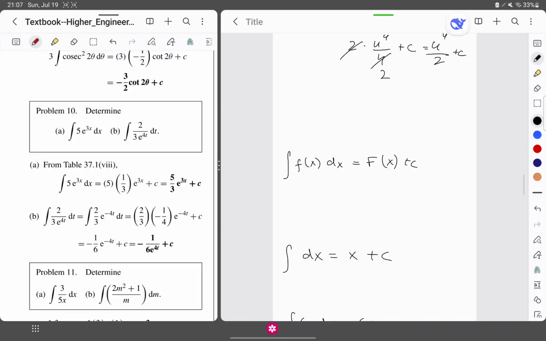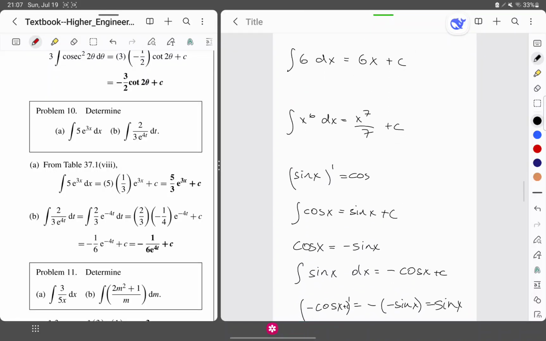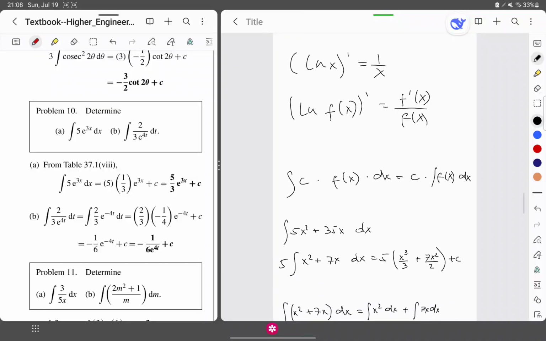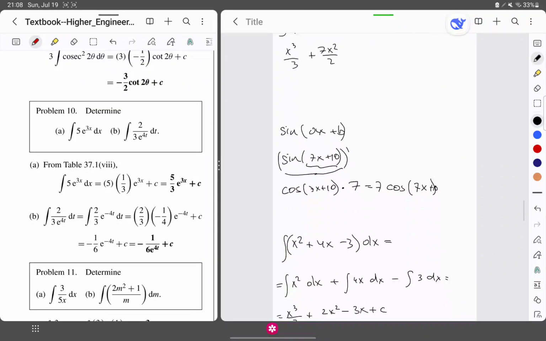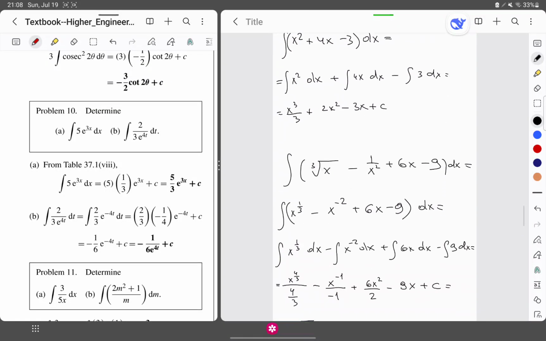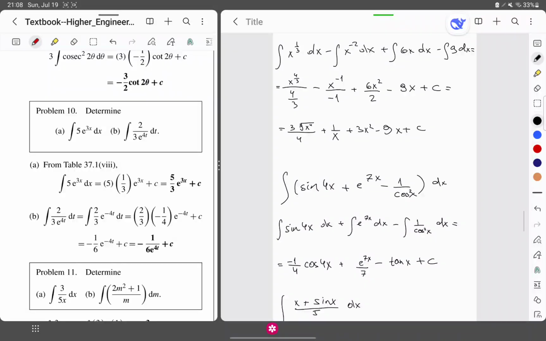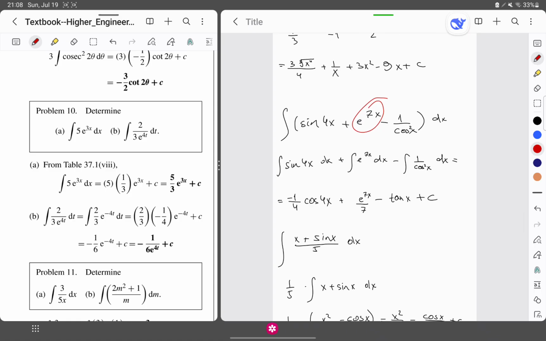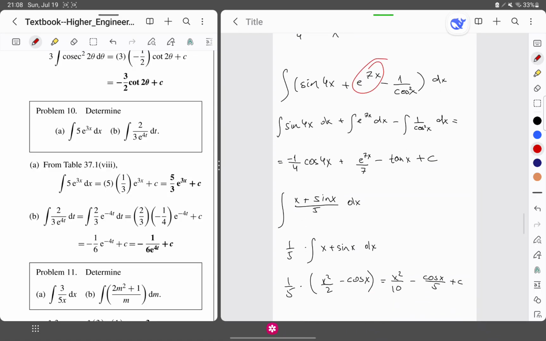Wait a second. But we had a rule here, like cosecant. Where is that? Sine. Yeah, that's over here. Okay, that is just the rule that if we have it like this, the integral will be just divide by the power.